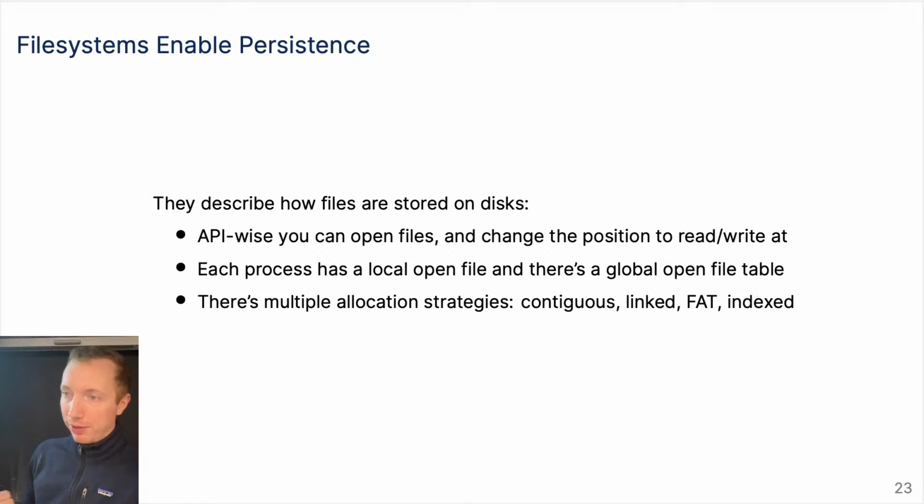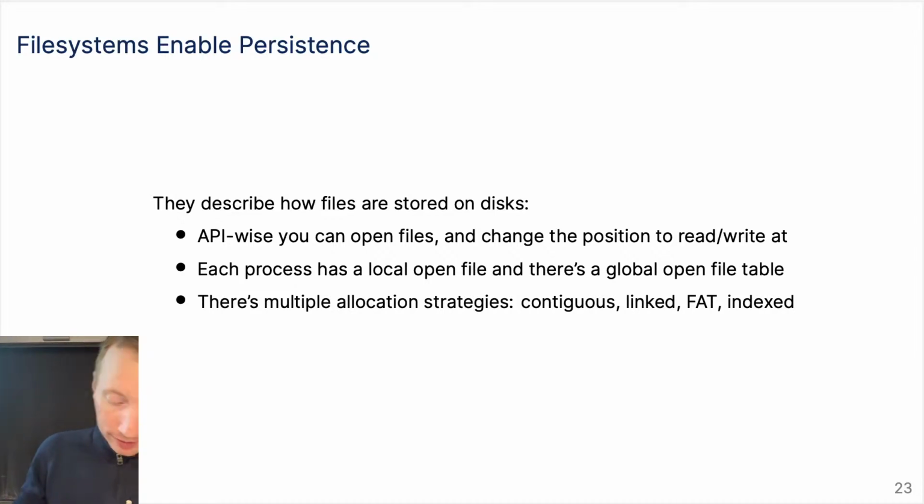But API-wise, we learned a little bit more. You can open files, and that actually creates a new global entry in the kernel, and then each process just points to that global entry that has its own position. And then when you fork, both processes are going to point to the same entry, so they're going to share their position, which may mean weird things happen.